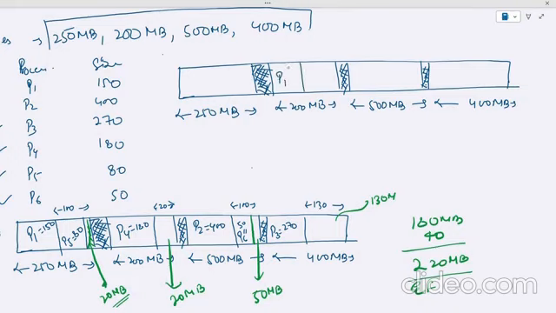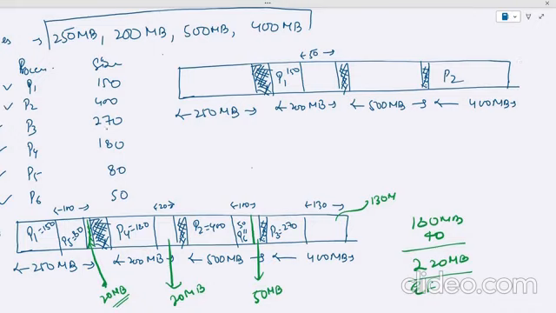P1's 150 goes in this block, and the space left is 50 MB. P1 is complete. P2 needs 400. Select from the first block, no. Second, 150, no. We want equal to what P2 needs or as close as possible. 500 is not very far away, but the last block is 400 and P2 needs 400, so definitely P2 occupies it, and there is no space left in the last block.